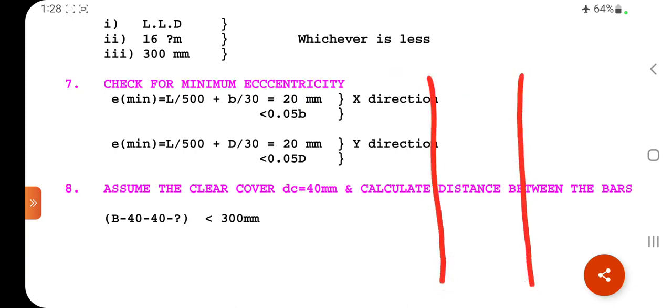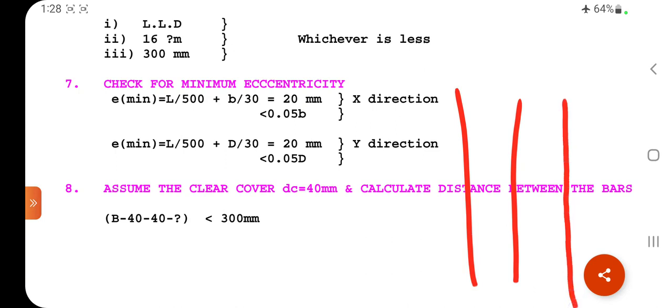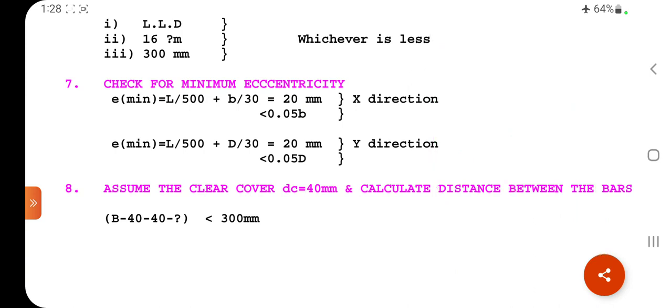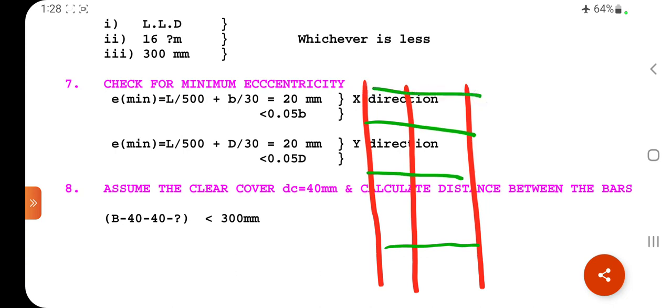This is our main reinforcement, this is our column, and this is our tie member, and they are placed at an equal distance, which is equal to the pitch of the column.